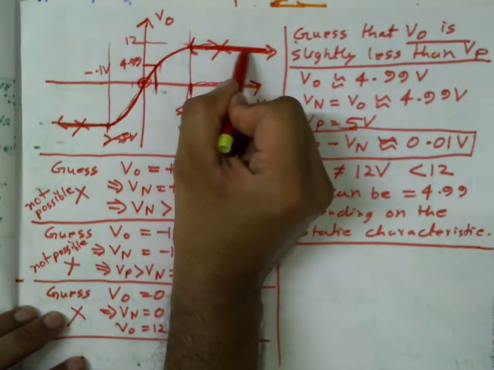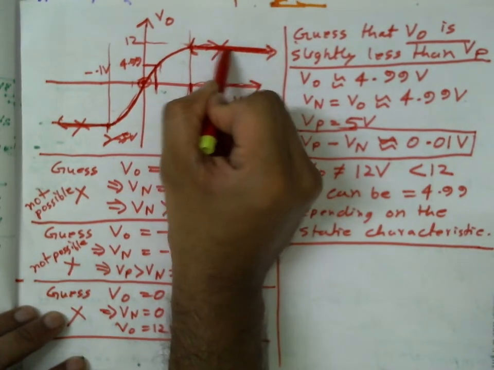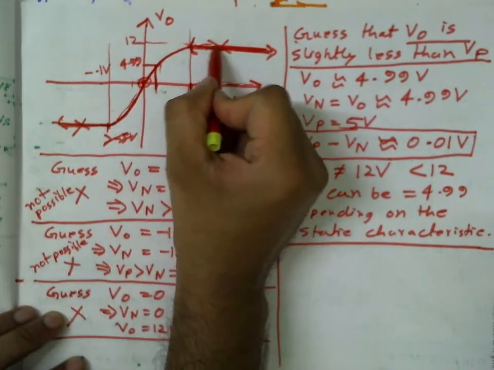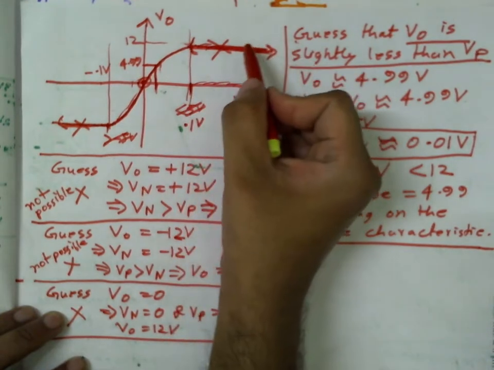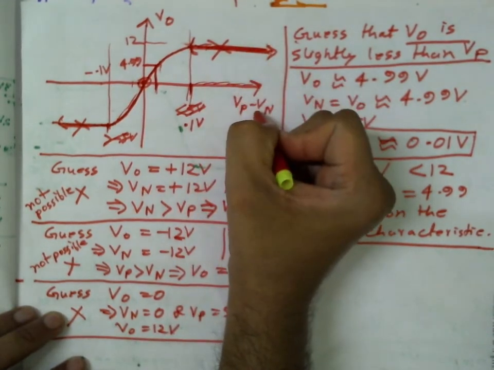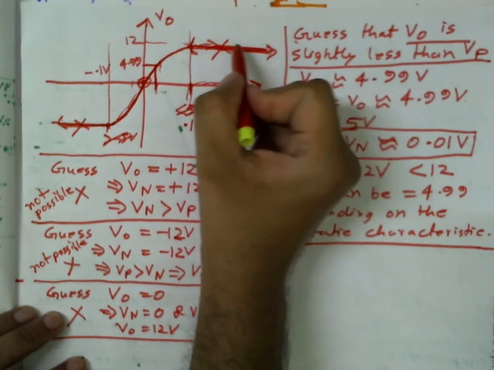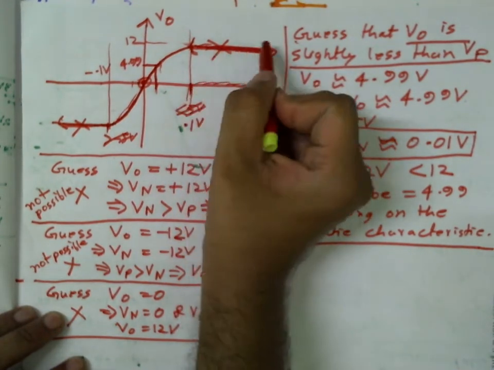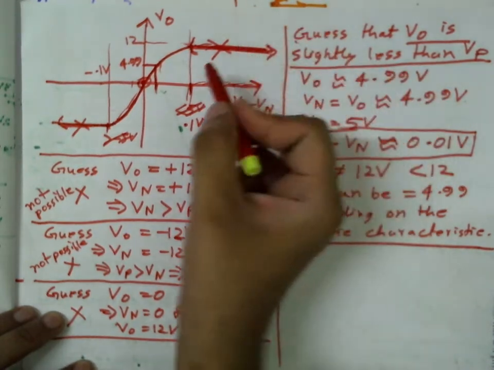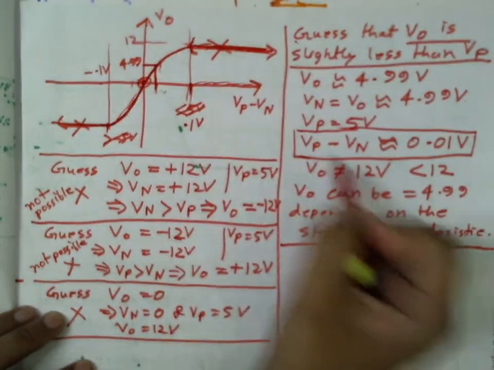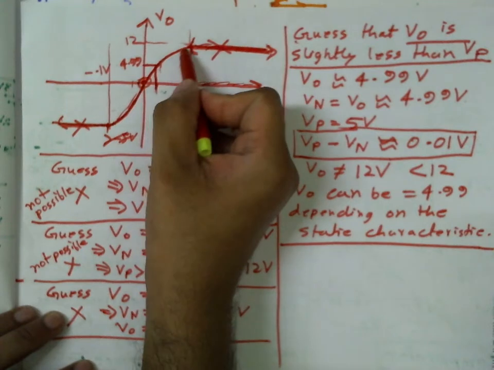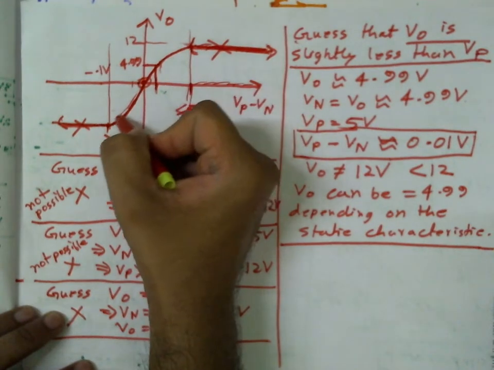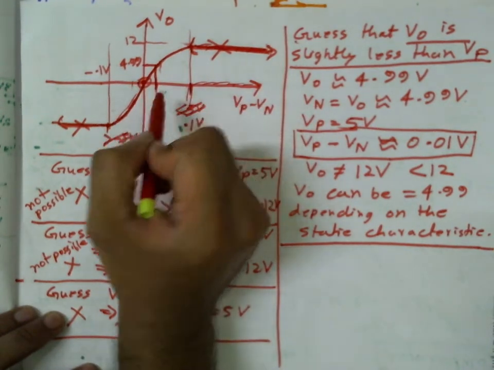It doesn't increase any more, doesn't decrease in this region. So these two regions we call saturation regions. That means if we change Vp minus Vn in this region, the output doesn't change anymore, it stays constant. That's why we call it a saturation region. And in this case we are saying the solution will lie in this increasing region, not in the saturation region.